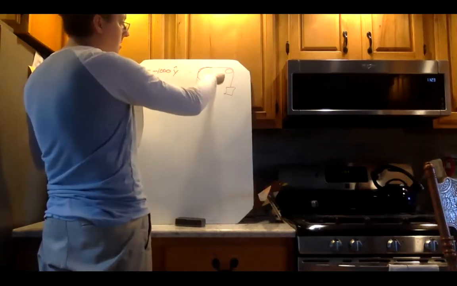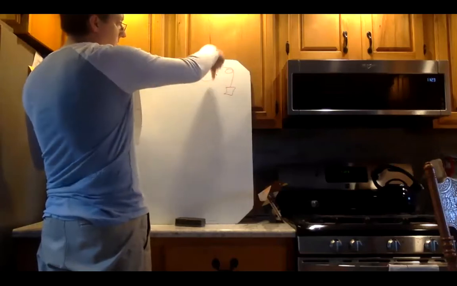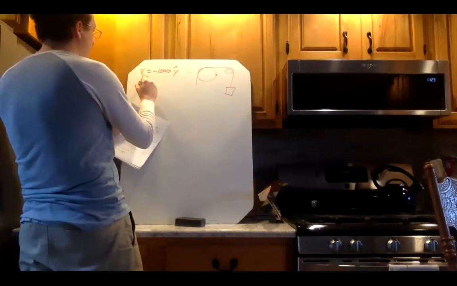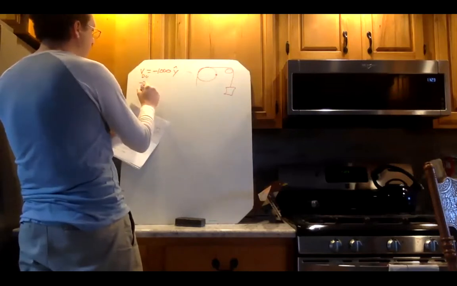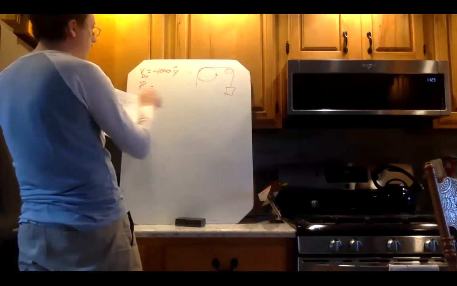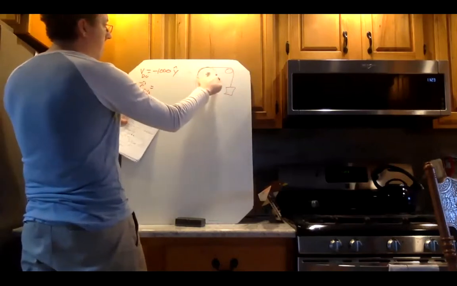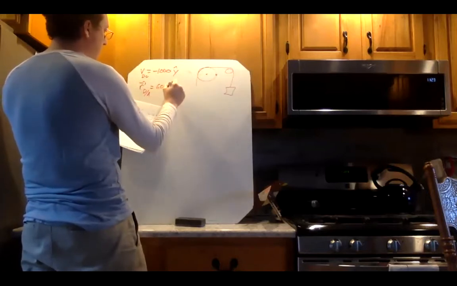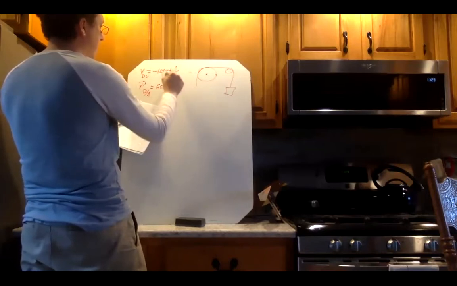That means this point is going initially down at 1,000 millimeters per second. And the relative vector of D relative to A, from the center of A to point D, is going to be 600 millimeters x hat.